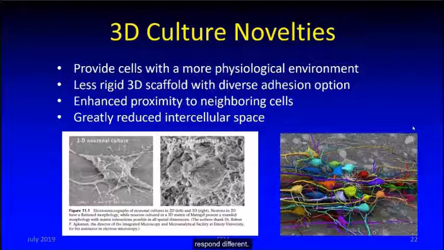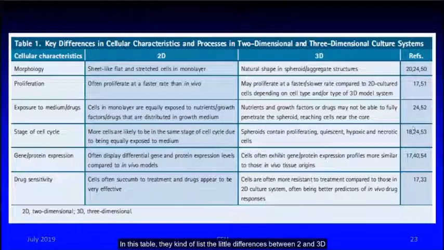And so on this table, they listed a little bit of differences between 2D and 3D cultures. So neurons in 2D cultures are mostly sheet-like and flat in a monolayer. In 3D, they are more in a spheroid aggregate, round cell body state, which is more natural. They talk about quite dramatic changes in proliferation. Cells respond differently to drugs.